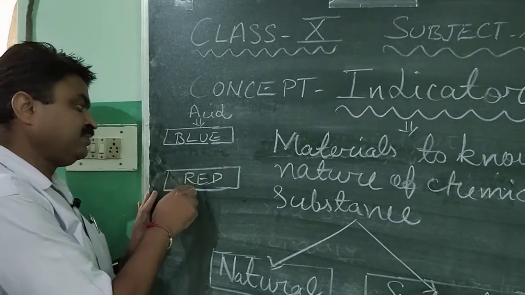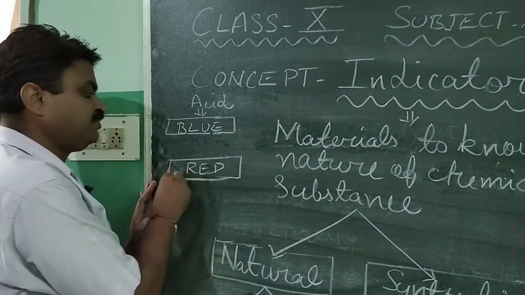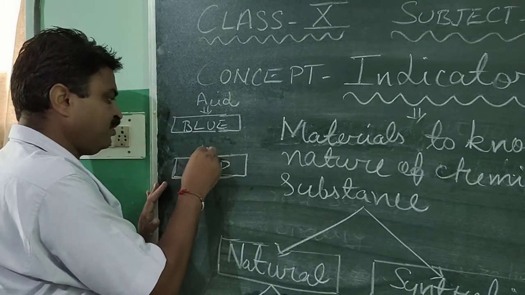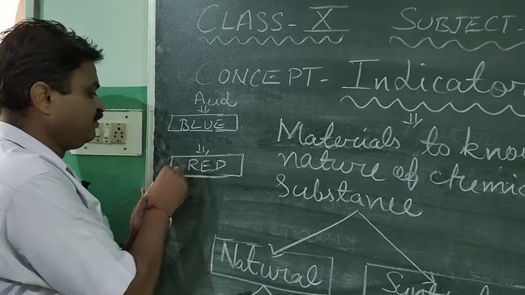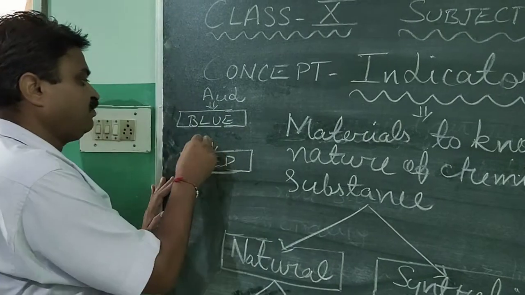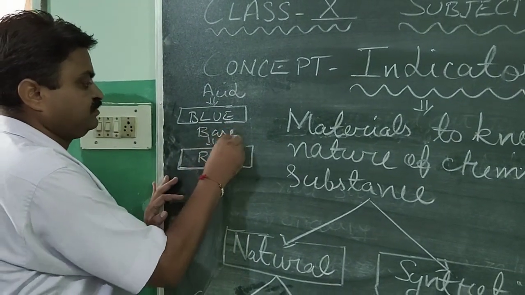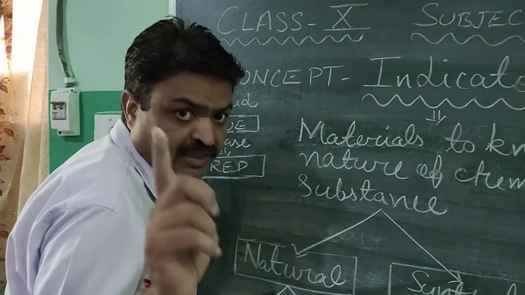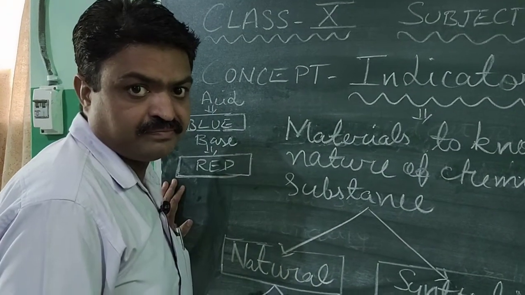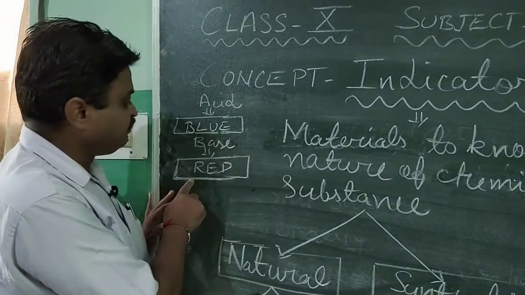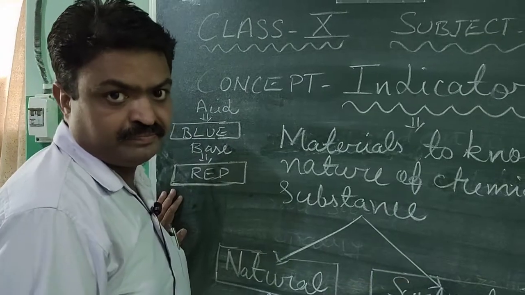Next is red litmus paper. With the help of the red litmus paper, we know the nature of base, because in the presence of base, red litmus paper turns into blue.